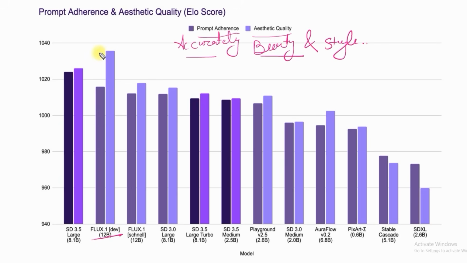You can see the graph, meaning it might create more artistic images at times. But overall, Stable Diffusion 3.5 Large, this one, you can see here, balances both accuracy and beauty.